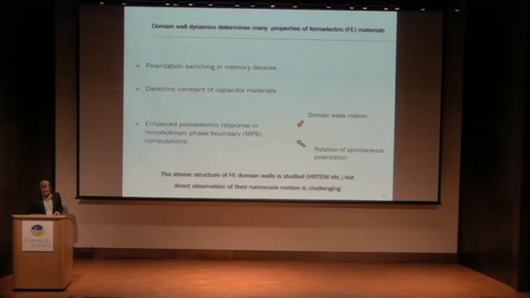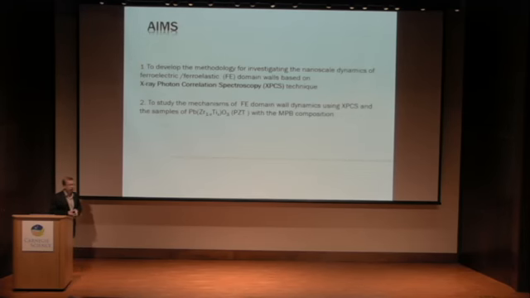Thus, in this work, we apply a comparatively new method of X-ray photon correlation spectroscopy to study the motion of domain walls. This method has been known for several years, and with this method, people study the dynamics in soft matter, polymers, and so on, but not in ferroelectrics.